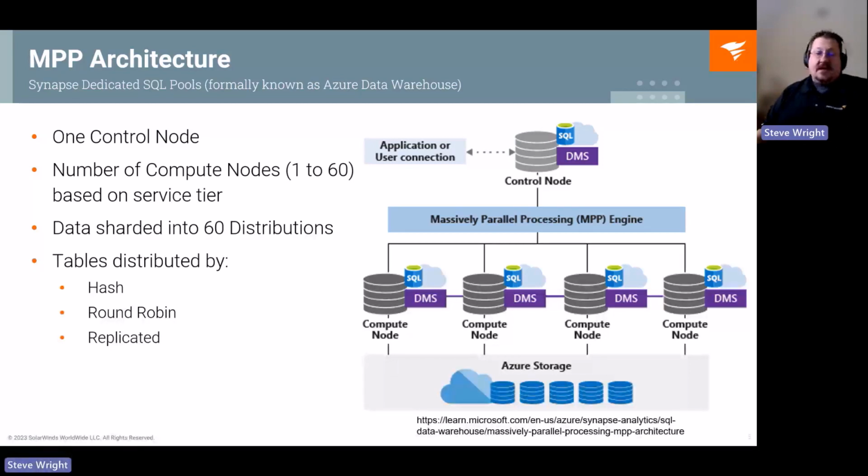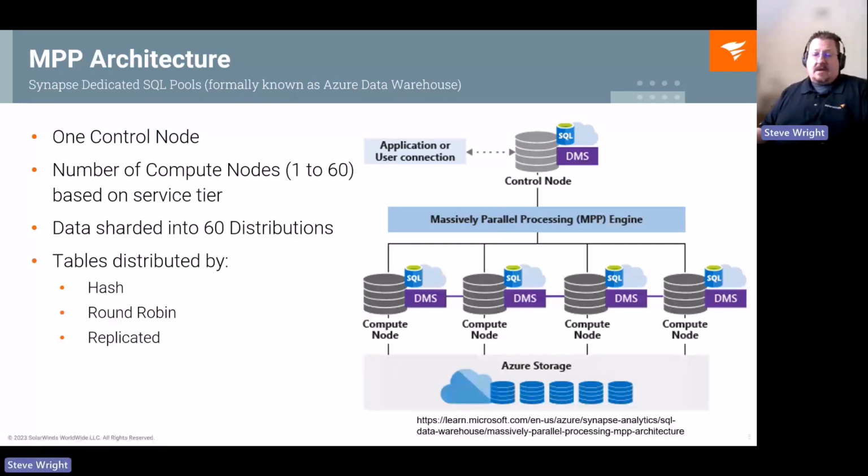Round robin is just like it sounds. You're going to evenly distribute the data. By the way, the underlying storage in the dedicated SQL pools is clustered columnstore indexing. So if you're familiar with that technology, that might help you understand how things are distributed here based on those columns. And then replicated.